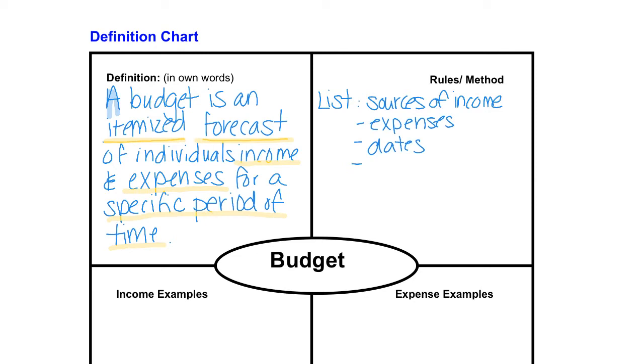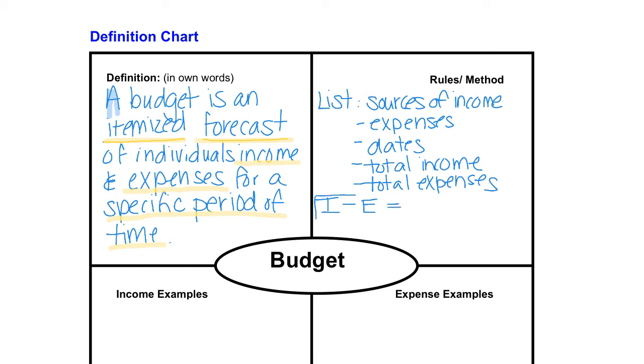Okay, we need to calculate our total income. And then we need to calculate our total expenses. Okay, and then we're going to go ahead and take our income and subtract our expenses.